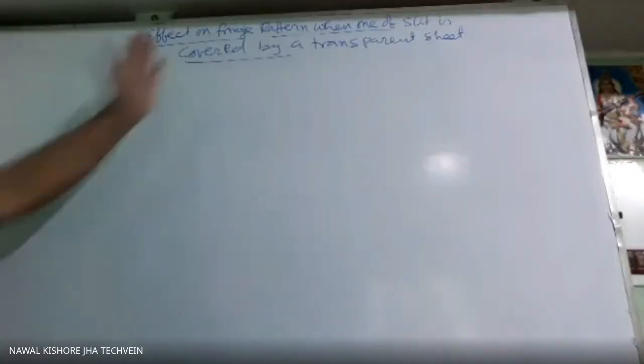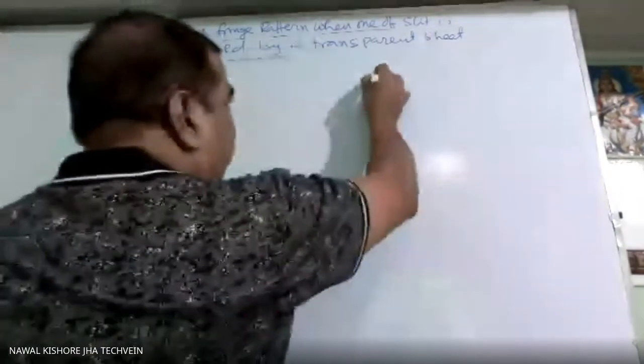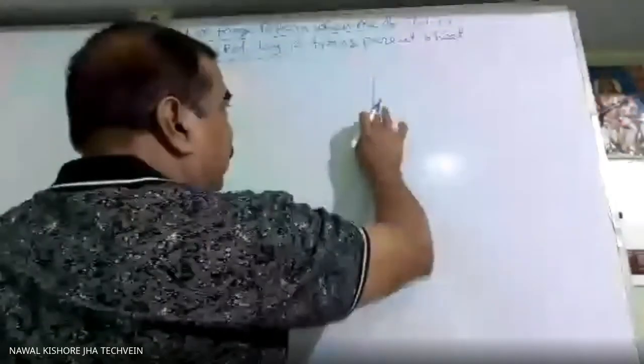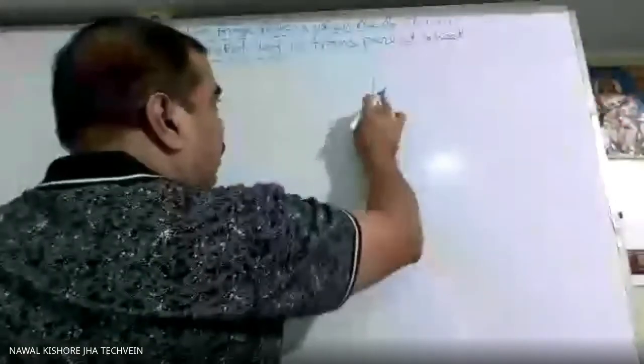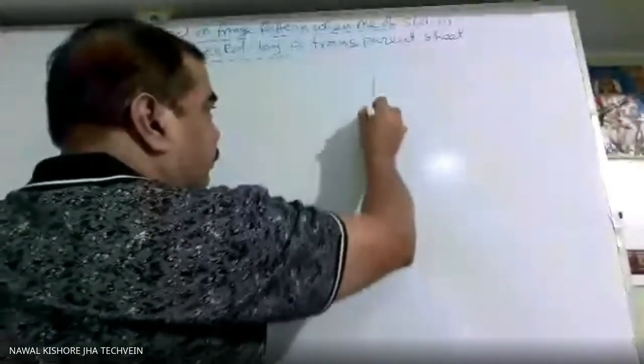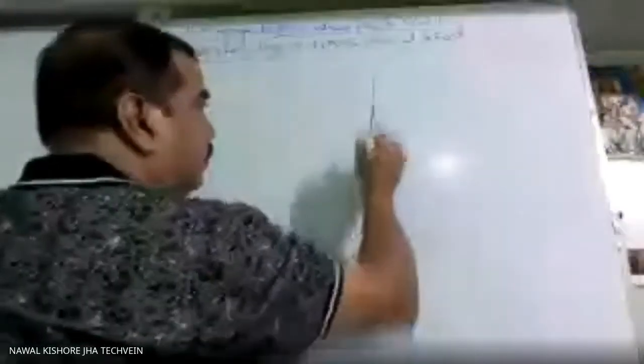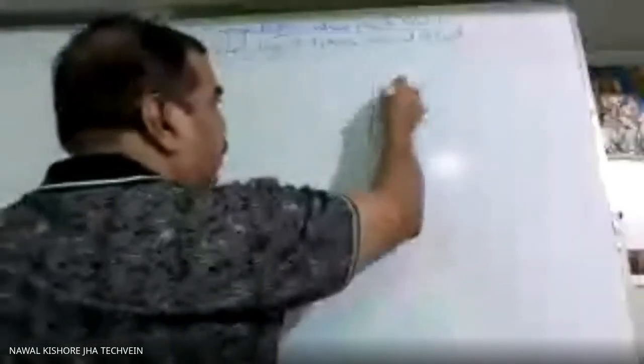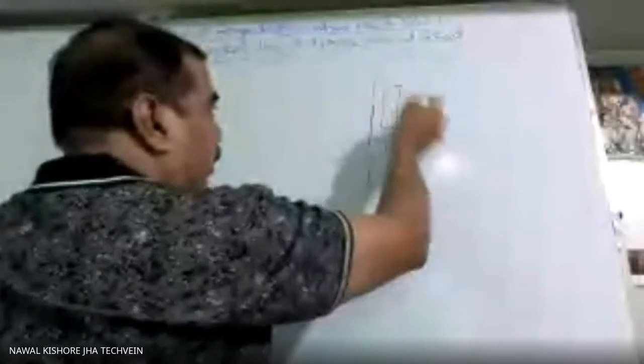On that day we were doing this. Suppose these are the two slits, and one of the slits is covered by a transparent sheet.